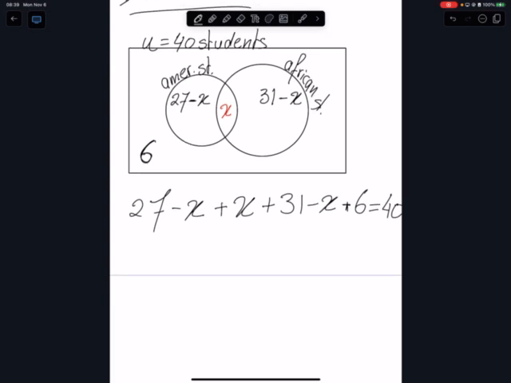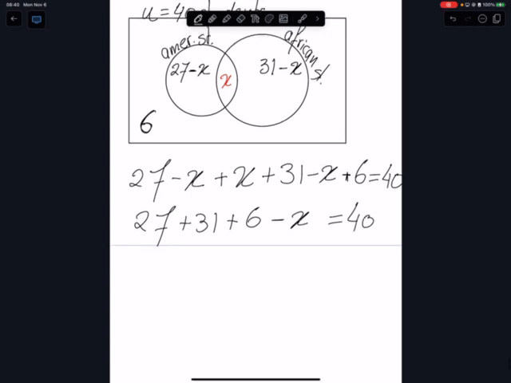Chapter 4, no biggie. 27. Add 31. Add 6. Add all these together. X minus X is 0. Minus X equals 40.